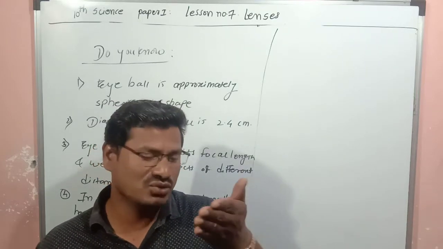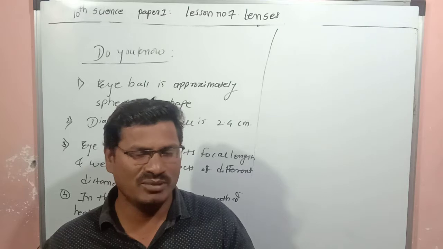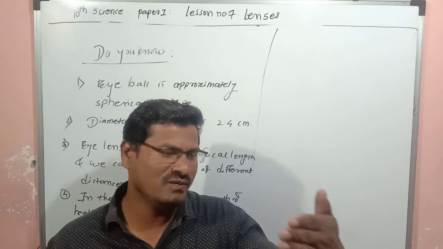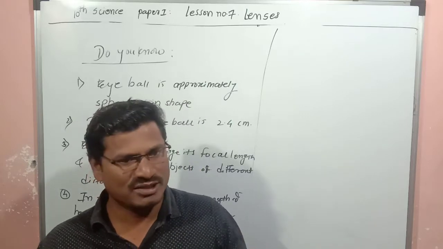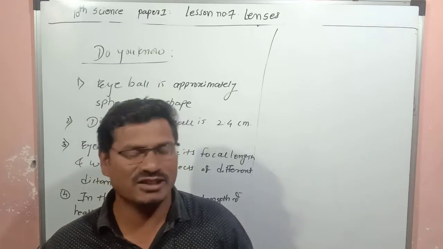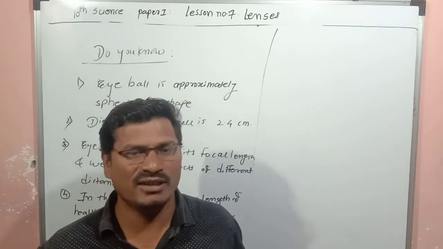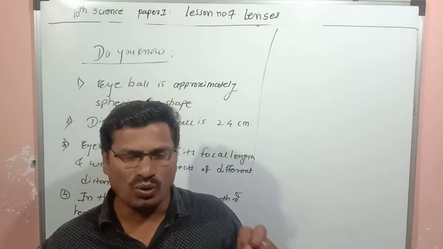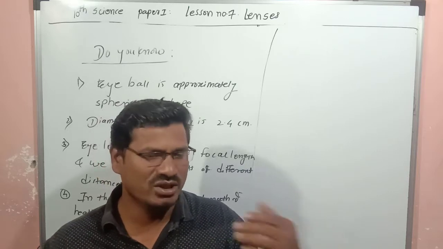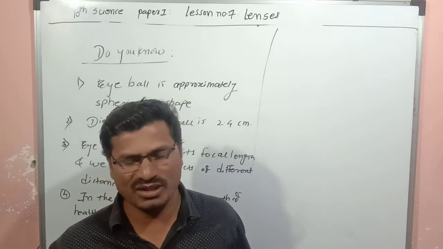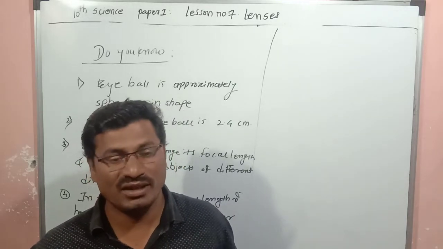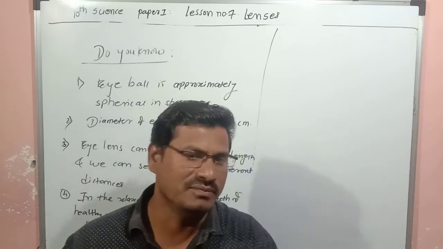If it is very close, again you are unable to identify the alphabets. But at 25 centimeters, you can read the textbook clearly. So the near point of our eye is 25 centimeter, and at that distance we can read clearly.